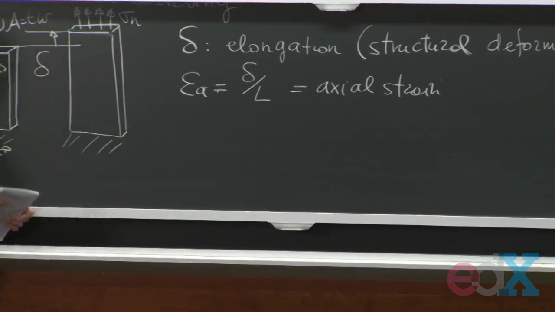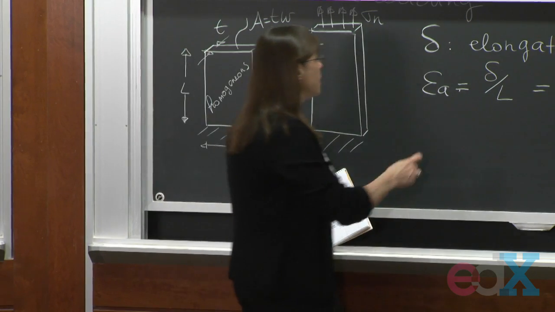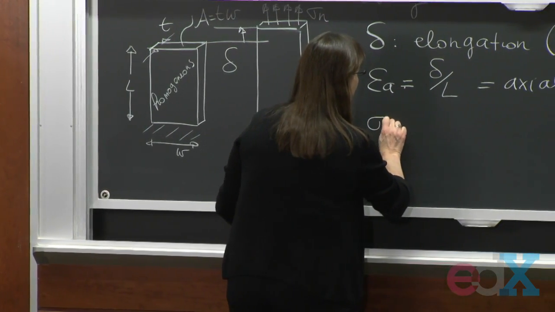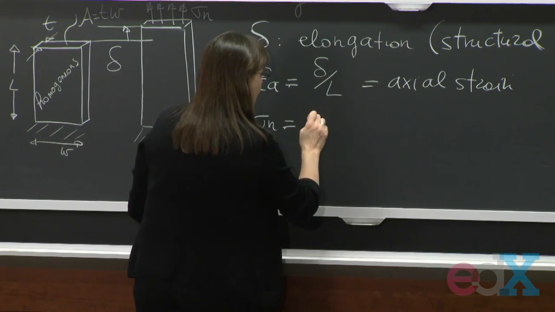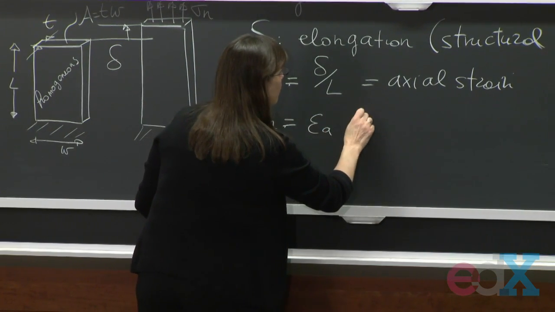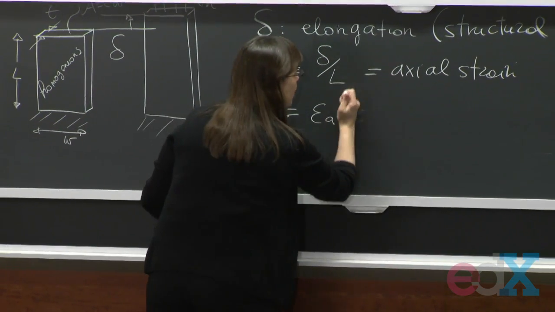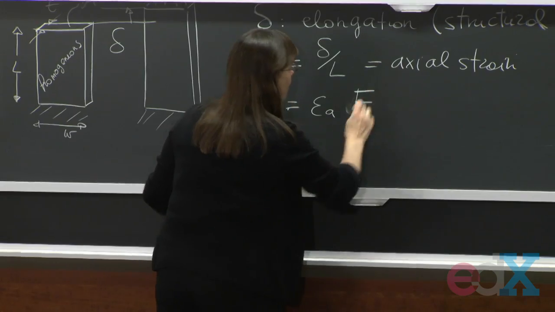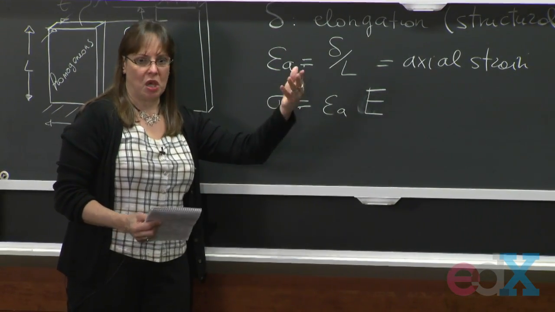OK, so from axial strain, we know now how to get the stress. So the stress in axial loading is our sigma n. And we obtain it from the axial strain multiplied by, actually, let me write this better. Multiplied by, what is this? Young's modulus.